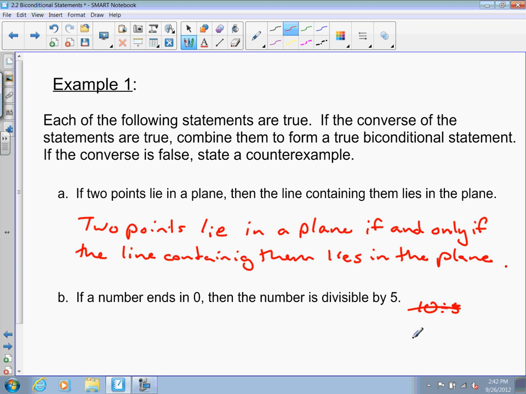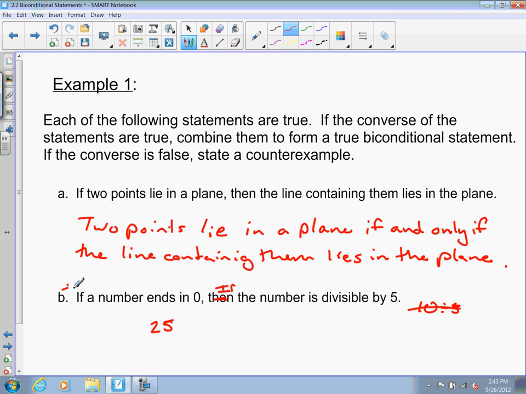Is the converse necessarily true? So we have to think about what the converse is. I'm going to switch the ifs and the thens. So if the number is divisible by 5, then it ends in 0. So I'm going to pick a number that's divisible by 5. For example, 25 is divisible by 5, correct? So that part is satisfied. My hypothesis is satisfied.